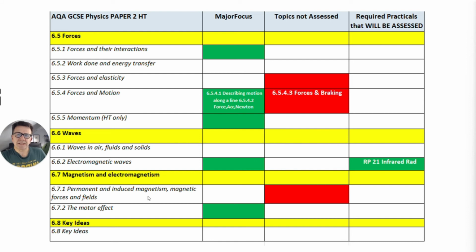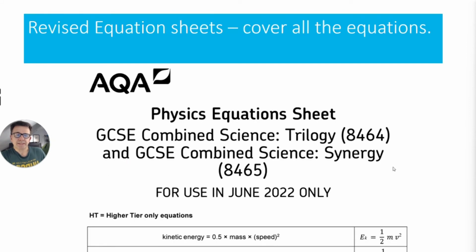So I think you're still going to need to learn about those things to help you with the motor effect. Right, good news, you will get revised equation sheets, so those will be given to you in the exams. So remember, you'll still need to rearrange equations, so remember what your teachers have taught you about that, but this will cover all the equations needed for these revised exams.